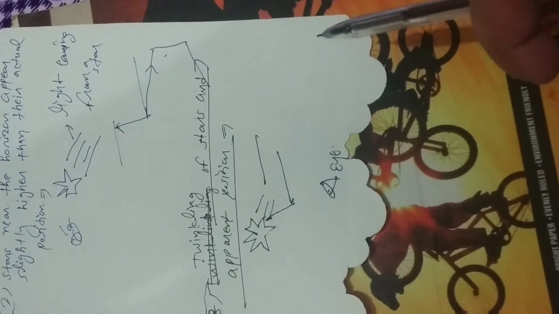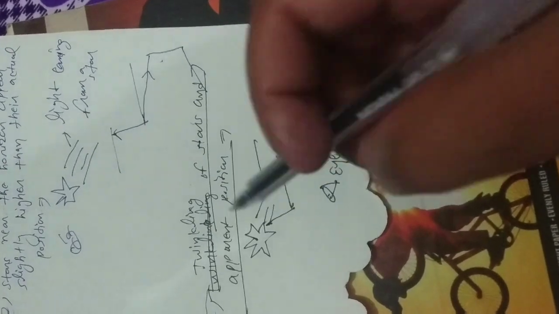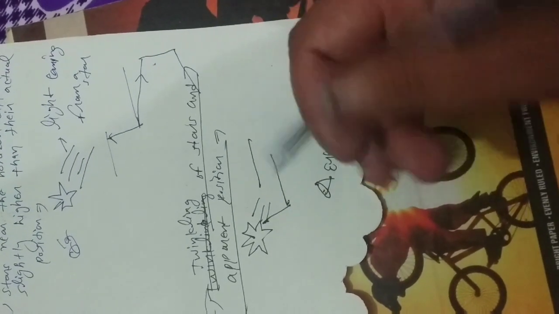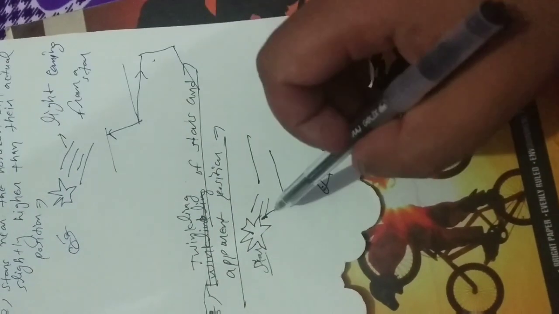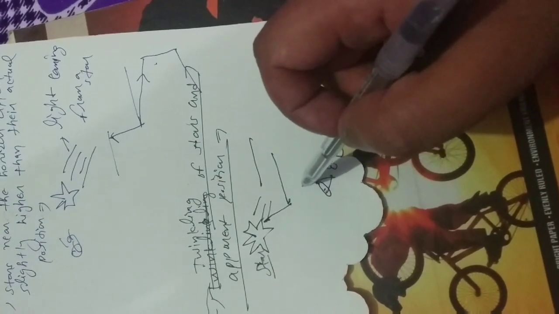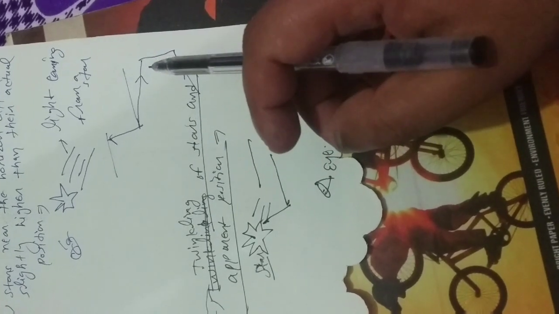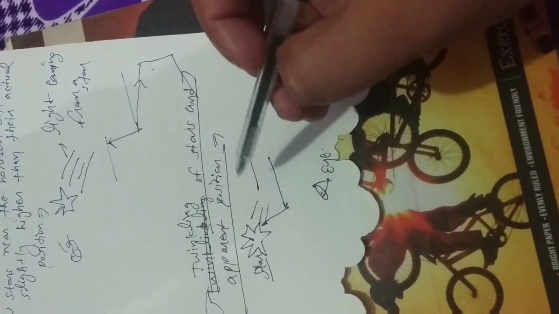The third application is twinkling of stars and apparent position. Suppose this is a star and this is the human eye. When the light of stars passes through the atmosphere, the atmosphere has different layers with different refractive indices.